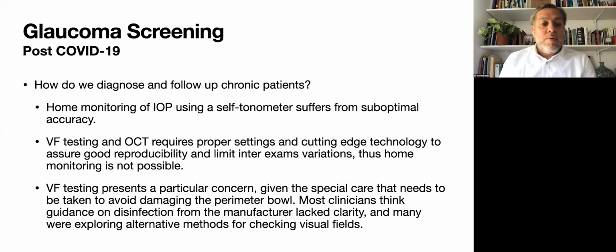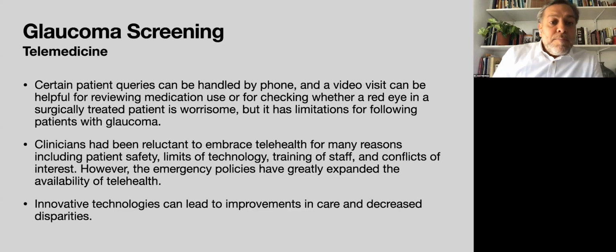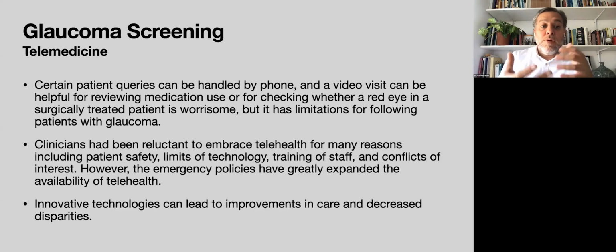Because of that, home monitoring with this is not possible, although we have some portable OCTs right now, and they're showing some promising results. Certain patient queries can be handled by phone, for example a red eye or some sort of conjunctivitis, or a surgically treated patient with some worrisome signs, but it has its limitations for following patients with glaucoma.